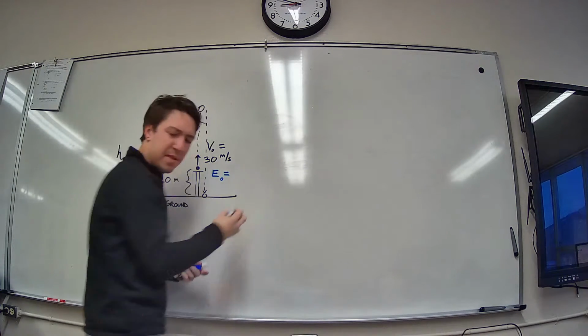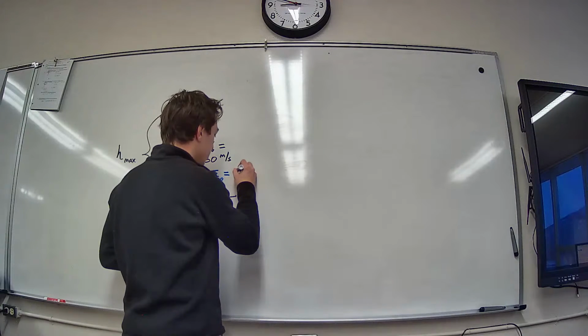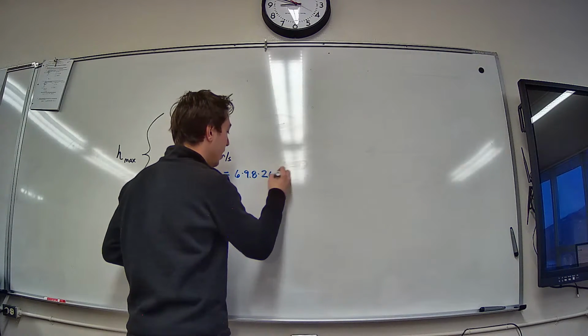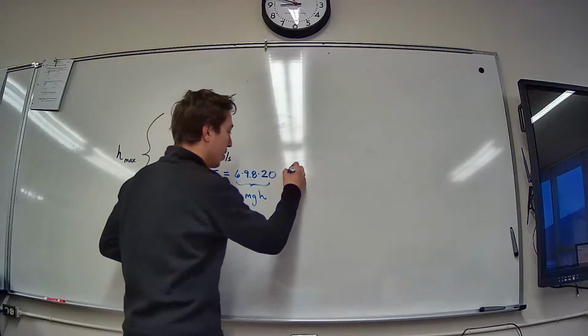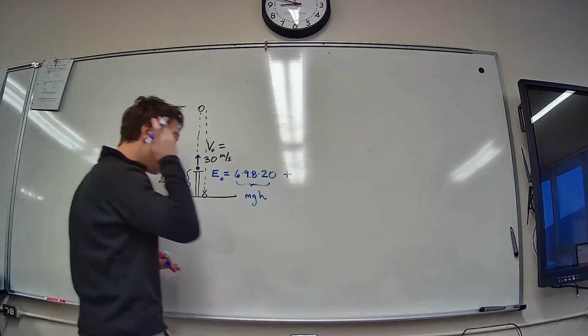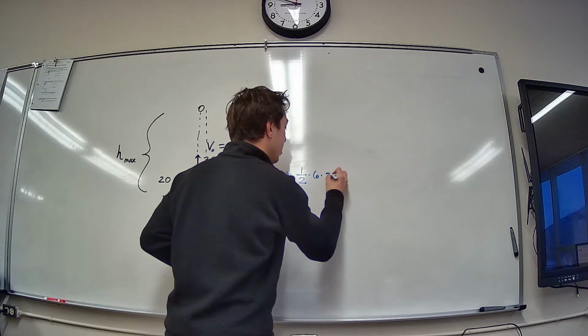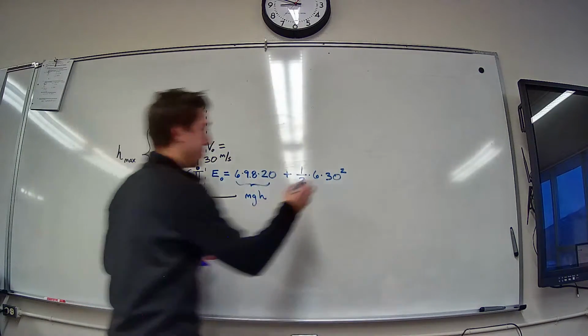So he's going to have, what was the mass? 6. So 6 times 9.8 times 20. So there's his mgh, plus 1/2 times 6 times 30 squared. Let's get his total energy.